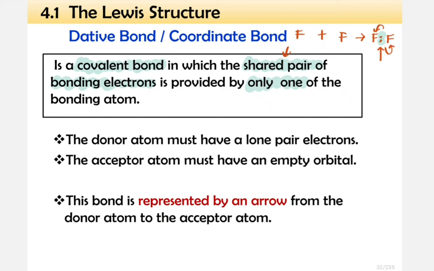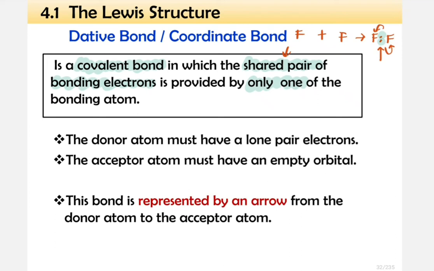Tapi untuk dative bond, awak bawa nasi lemak, awak juga bawa iodine tu. So kawan awak bawa apa? Your friend bawa perut yang kosong sahaja untuk terima makanan dan minuman tersebut. Jadi, you still share, but hanya satu sahaja yang provide the food. Jadi, sama konsep macam dative bond.